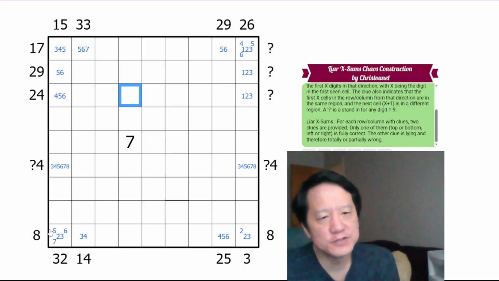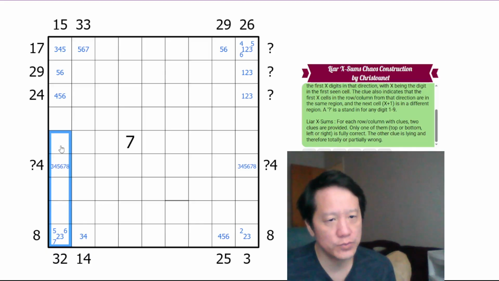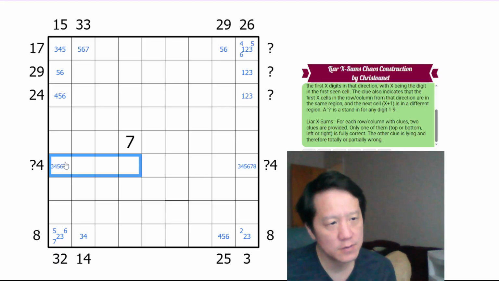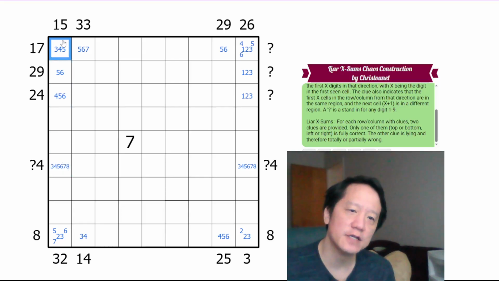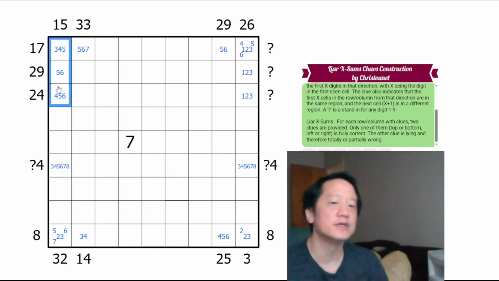Okay, so if this is 32, that means this would have to be 14. That's certainly possible. If this is 15, it's guaranteeing that these are all in the same region.